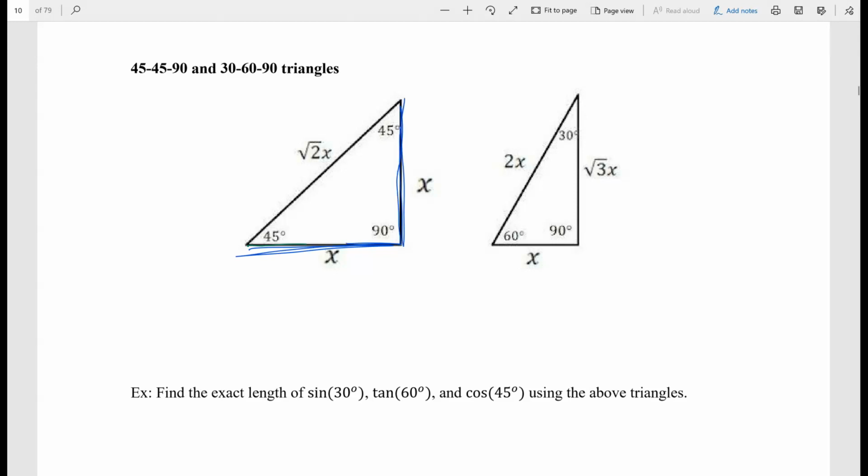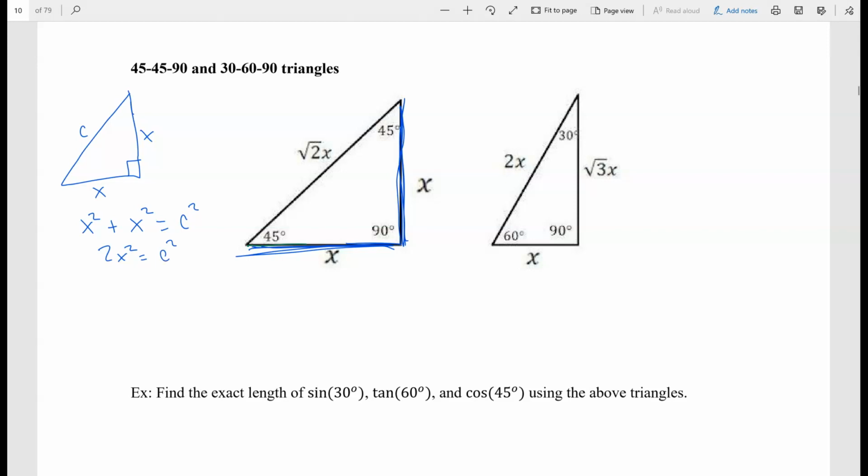If I think of these two as being the same, well, this other side is just, by the Pythagorean theorem, if I have these two numbers, x and x, what is going to be the other one? Well, x squared plus x squared equals whatever this is, let's just say c squared. Well, that's just going to be 2x squared equals c squared.